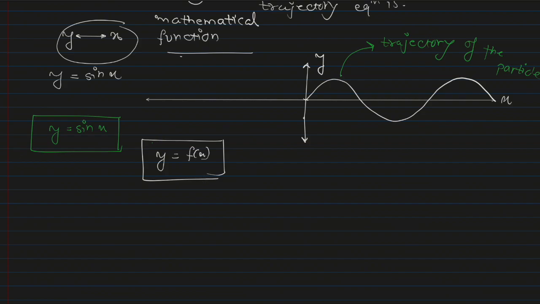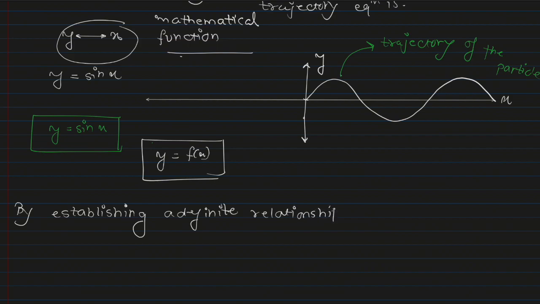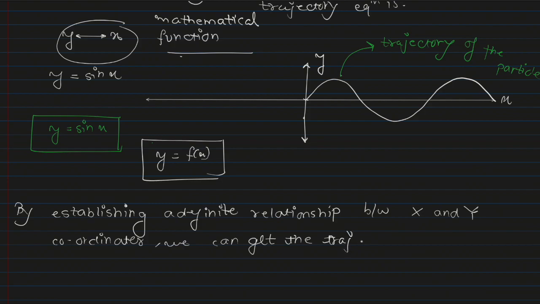As I said before, by establishing a definite relationship between x and y coordinates, we can get the trajectory equation.